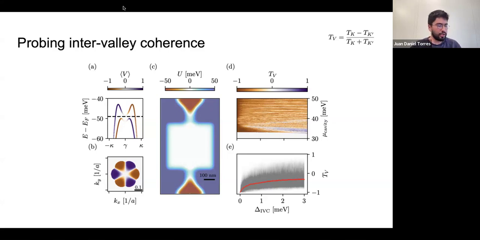We assume that it's clean, and the only source of intervalley coherence is the order parameter that we add in the central cavity. Everything else, we checked that it did not add any scattering between valleys. Also here, we don't have lattice terminations because we assume that everything is electrostatically defined, so there are no edge modes that connect the two valleys.